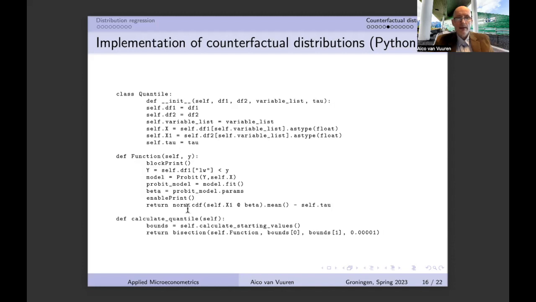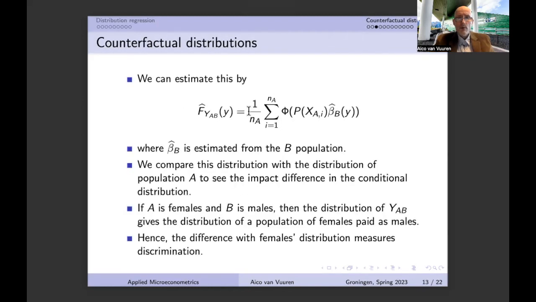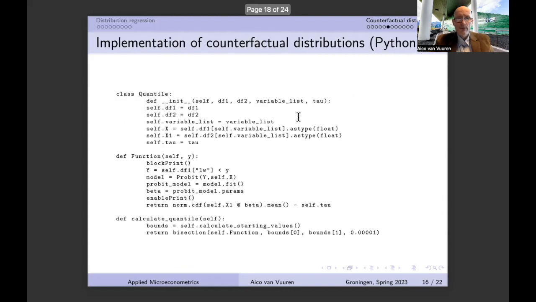And then the next thing that we're going to do is to estimate the counterfactual distribution. That's exactly this formula that we have over here. So this is a mean, which is also the reason why I do have a mean over here. And I simply multiply the x1, which is from the two population, with the beta coefficients of the one population that we have over there.